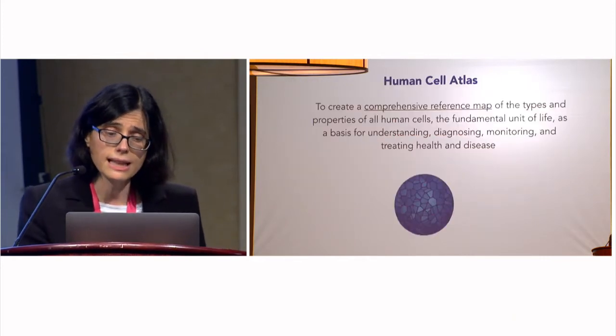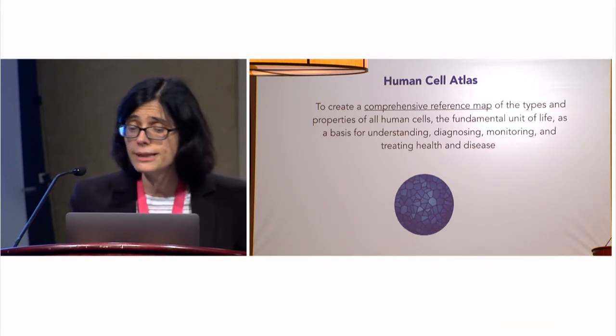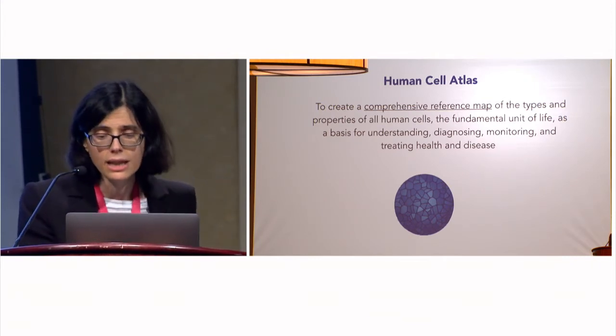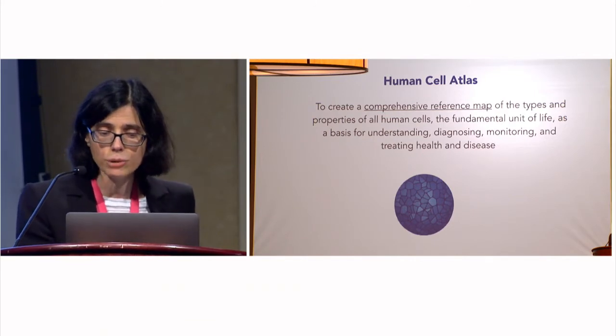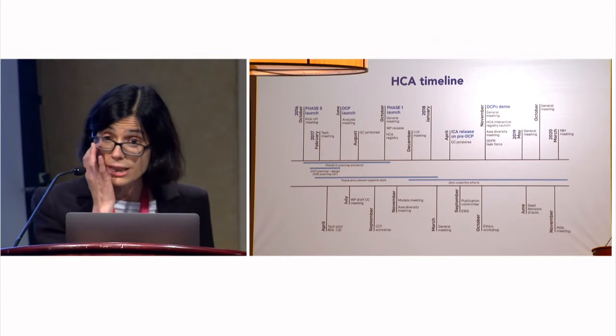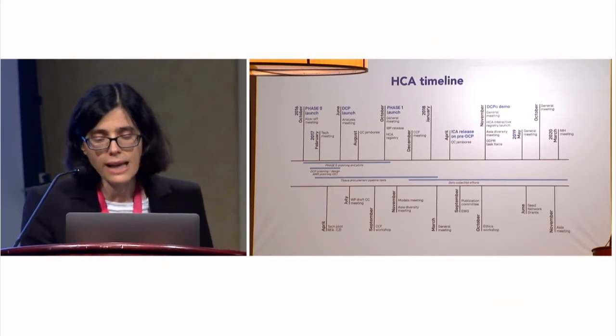So first, the Human Cell Atlas. The mission of the Human Cell Atlas is to create a comprehensive reference map of the types and properties of all human cells as a basis for understanding, diagnosing, monitoring, and treating health and disease. We kicked off as an international initiative, just like this one, in fall 2016, after some planning that happened earlier.